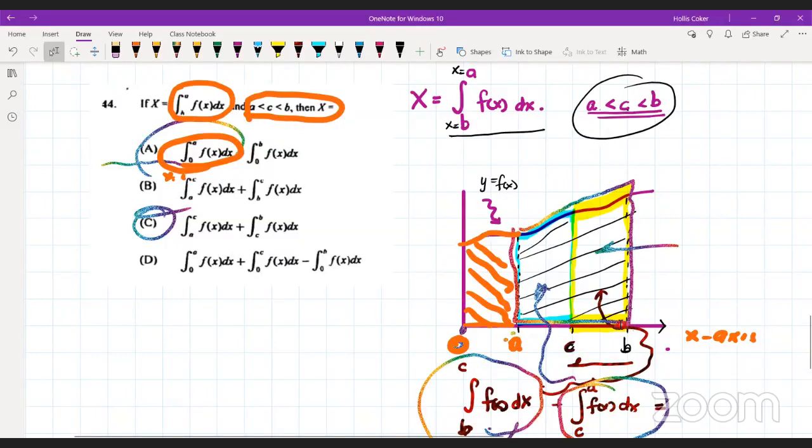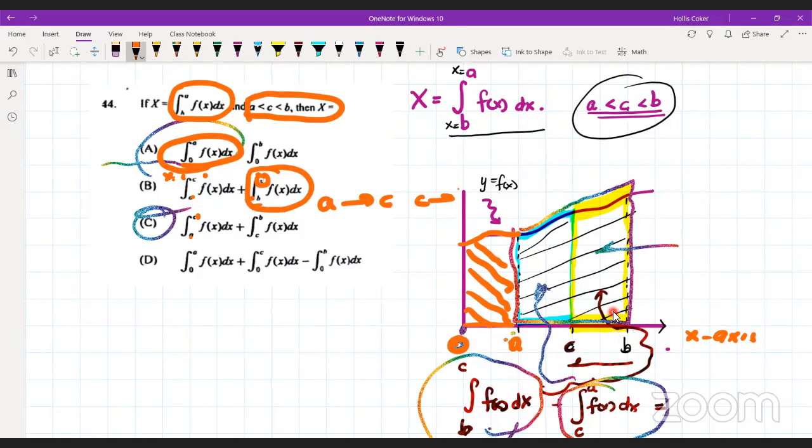All right, interesting. Okay, so let me see how they try to confuse us. If I do this integral as is, you need to go from A to C because A comes before C, and then C to B. What they did here, they put A to C and they put B to C. Now, the problem with this one is that B is bigger than C, so I get a negative number when I work this out.